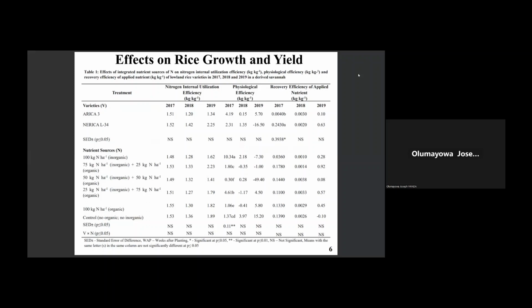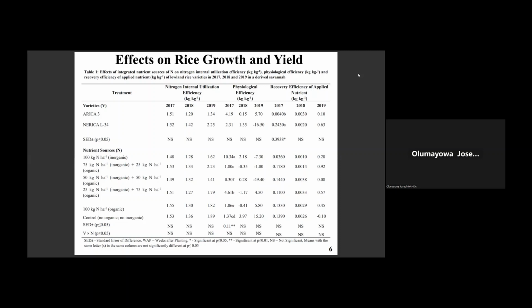Table 1 shows the effect of integrated nitrogen sources on physiological parameters, and it was observed that there was a significant effect for the recovery efficiency of applied nutrients in the year 2017 when this study was undertaken, where Nerica L34, which was one of the varieties planted, performed better than Nerica 3, advanced rice in Africa.